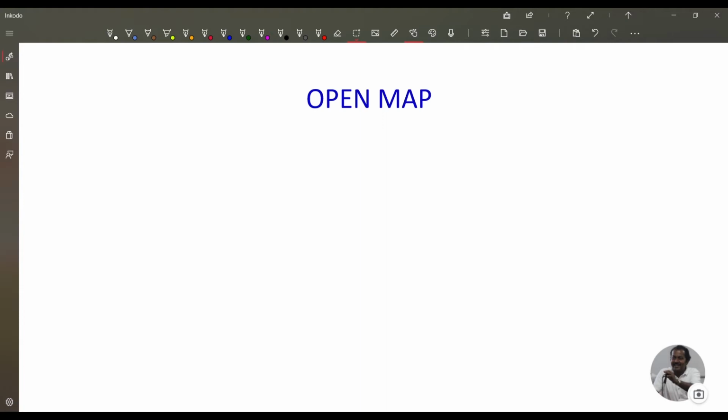In today's functional analysis class, we discuss open map. So first we define open map.